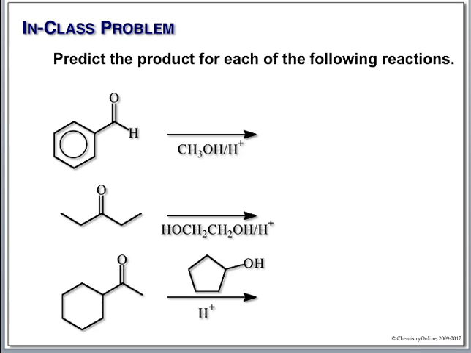All right, this is standard conditions to form an acetal or a ketal. All you have to remember is that we're going to form a 1,1 diether at the carbonyl carbon.